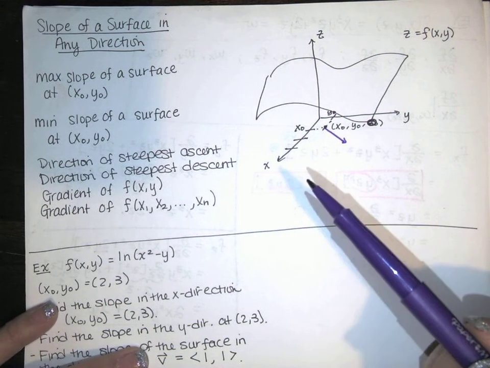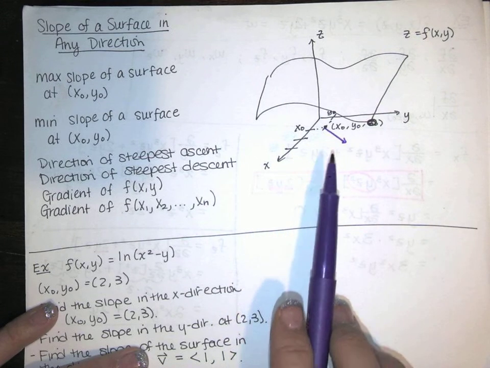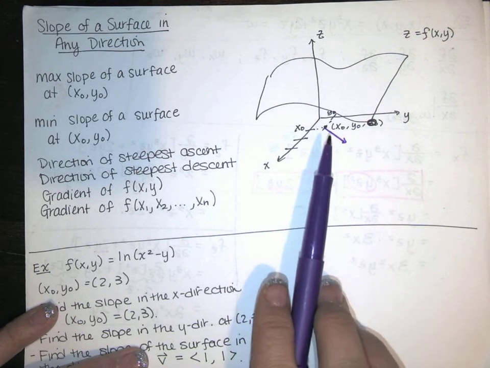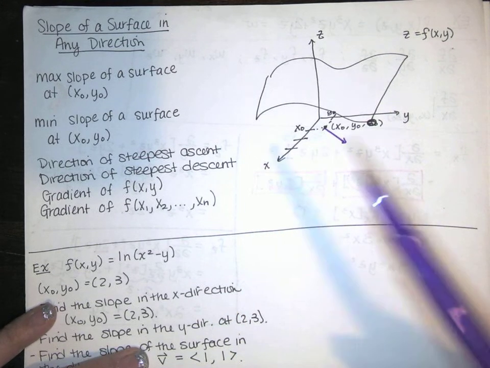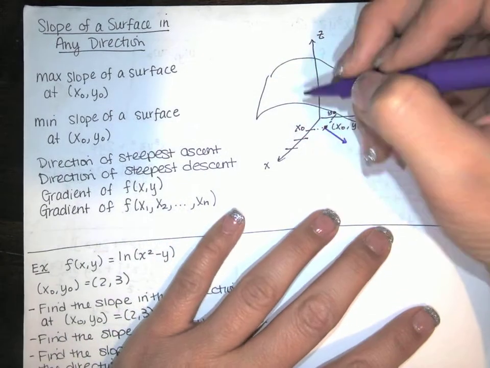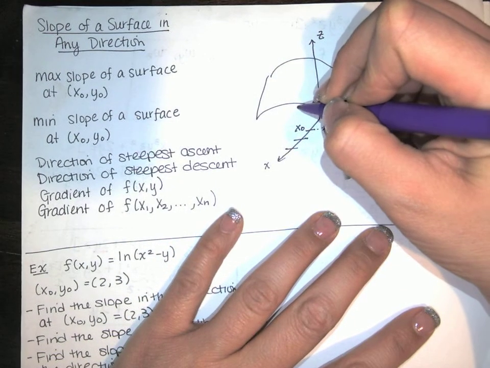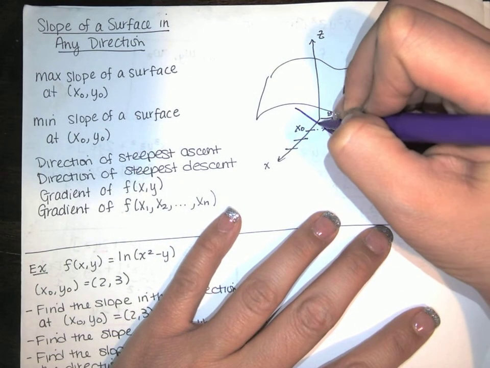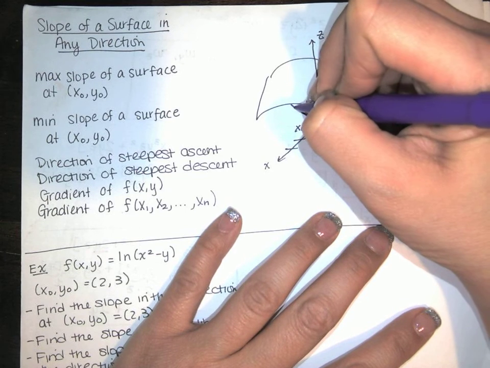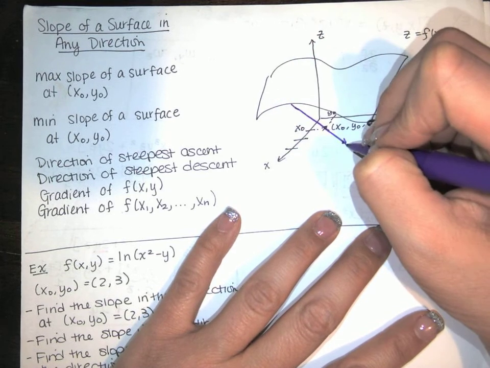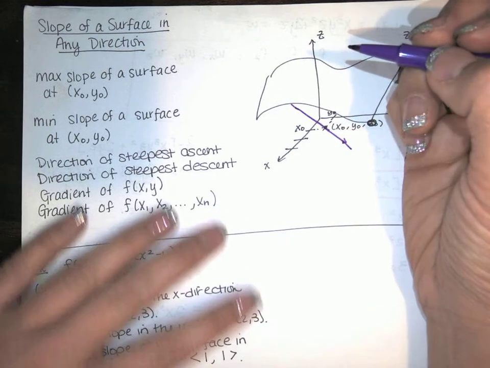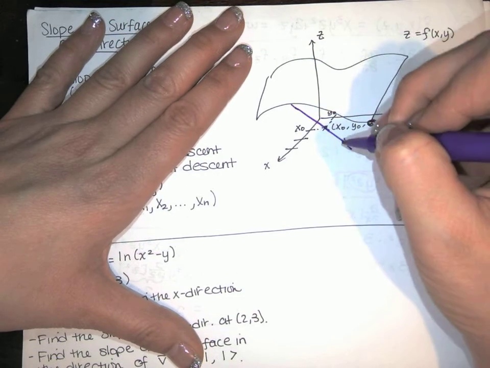I want to create a plane that is aligned with this vector and also passes through this point. So I'm going to try to draw a plane. It's parallel to that vector and passes through our point.